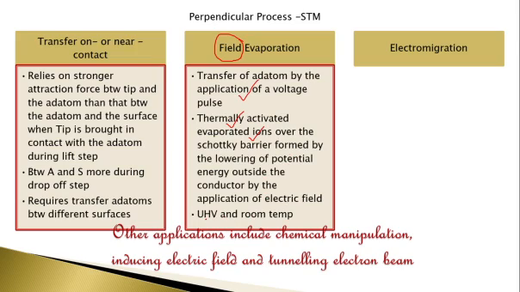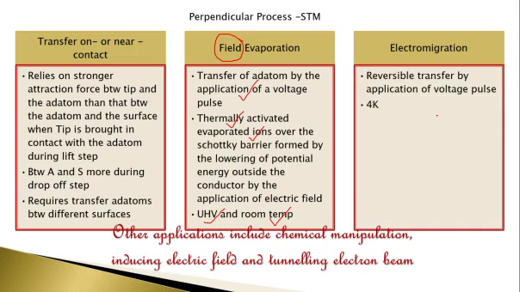And hence it requires ultra high vacuum and room temperature, because if there is any dust particle or other kind of atoms present on the surface, such field evaporation will not be effective. And also it must be at room temperature, otherwise if the temperature is high, that will also thermally agitate the ions and the diffused location will be changed. So these are things to be kept in mind.